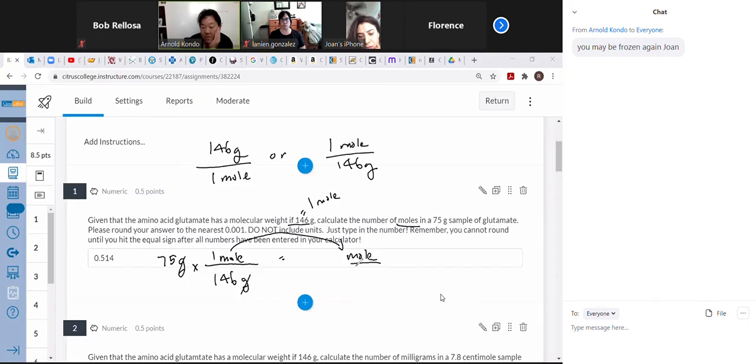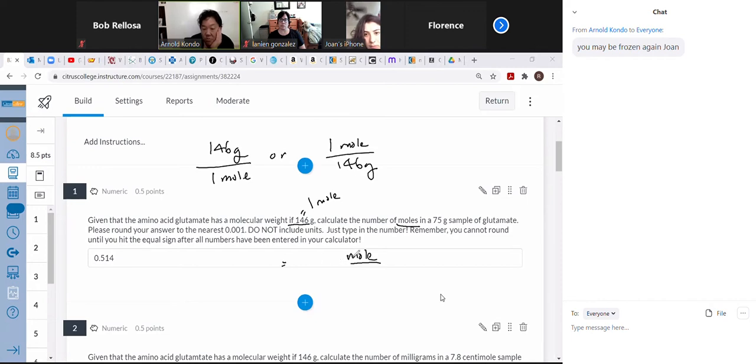If we were to tackle this backwards, Joan, let's erase this first part. If we know we have to get our answer in moles, because that's what it's asking for, how many moles in a 75 gram sample, then moles has to be in our final answer on top.